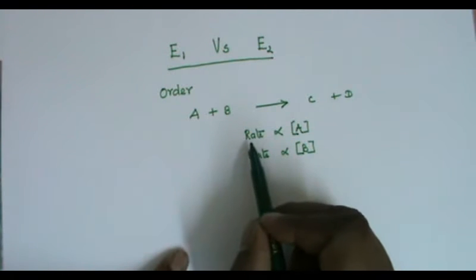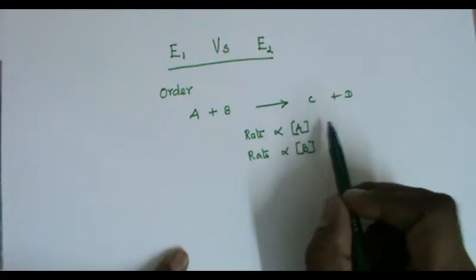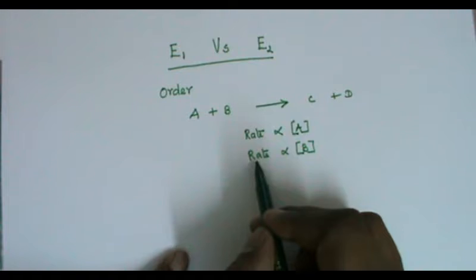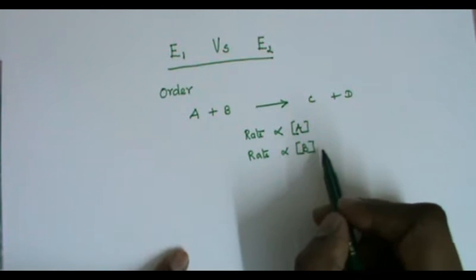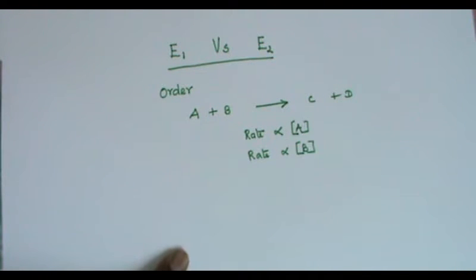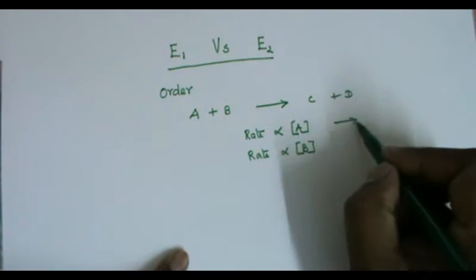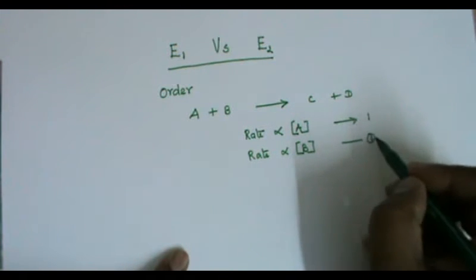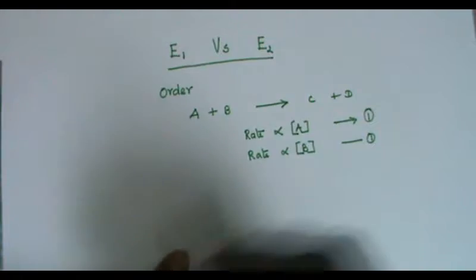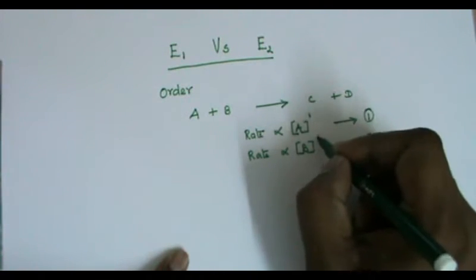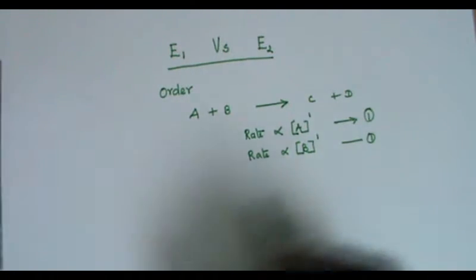The rate of the reaction doesn't depend on the concentration of B. Here, the rate doesn't depend on the concentration of A. Then the order is 1. Generally, we write it like this. We don't mention 1.